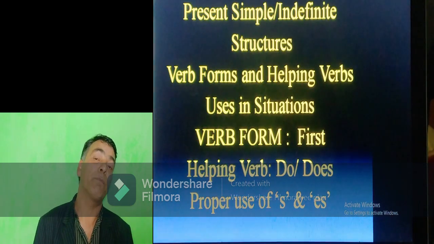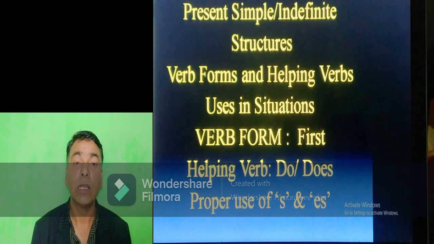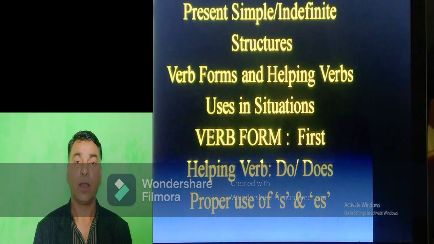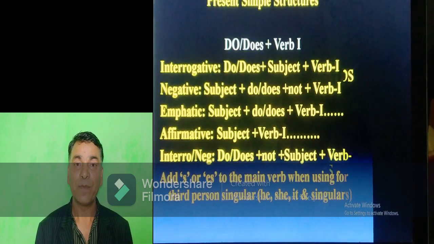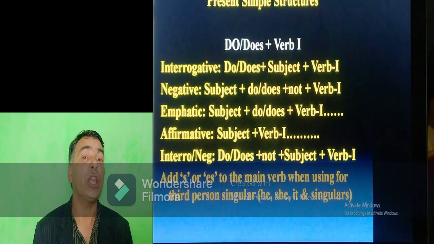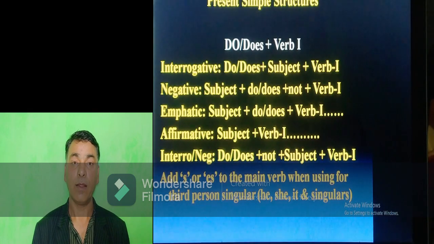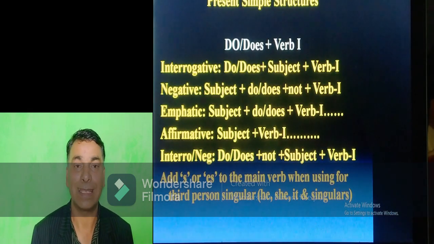We use present simple also to talk about universal truths and general beliefs. General belief means something in which the majority of the people believe. For example, honesty is the best policy.